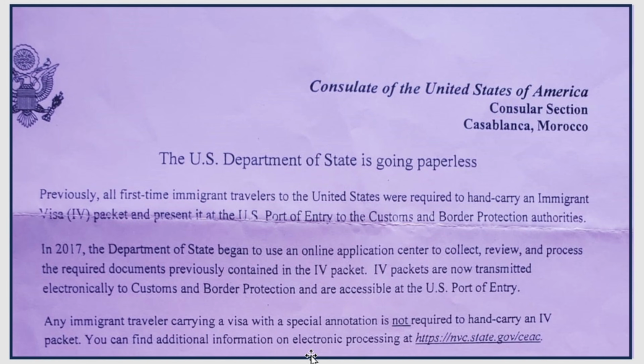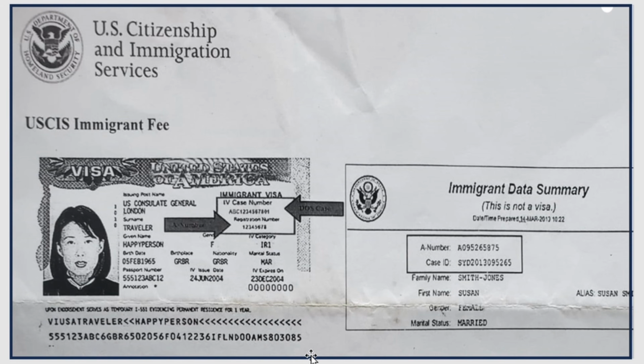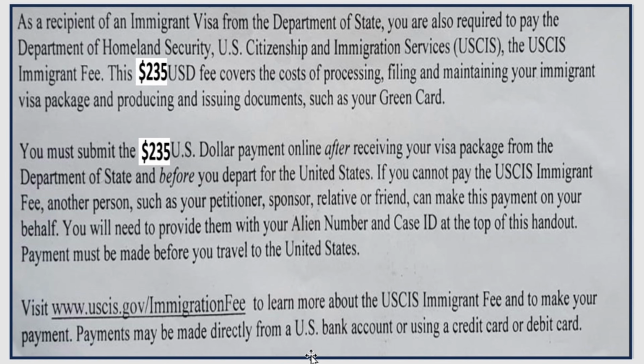Everything is paperless now. But you must pay the fee, and I have a video on my channel on how to do that. The fee is now $235 to pay for the green card. If you don't pay, you are not going to receive the green card. So you must pay the fee before they print your green card.